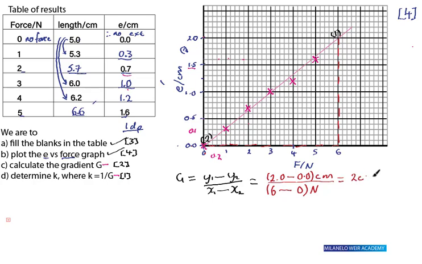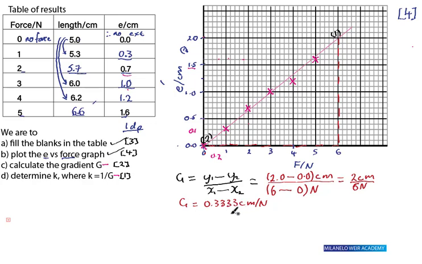This is 2 centimeter over 6 Newton. So this is 2 divided by 6. So this is what we get. G is equal to 0.3333 centimeter per Newton.